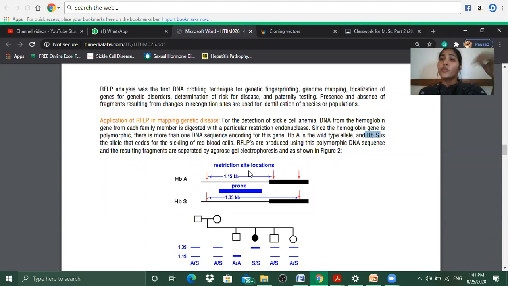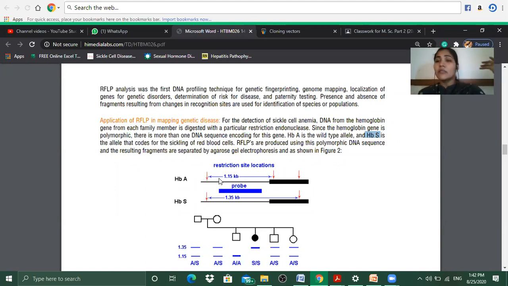and the resulting fragments are separated by agarose gel electrophoresis, as shown in the figure. In order to find out whether a person is suffering from a genetic disease such as sickle cell anemia, they take samples from each member of the family. Okay? Because it's a genetic disorder that will be carried over from mother and father to the children, and so on to the next generation.